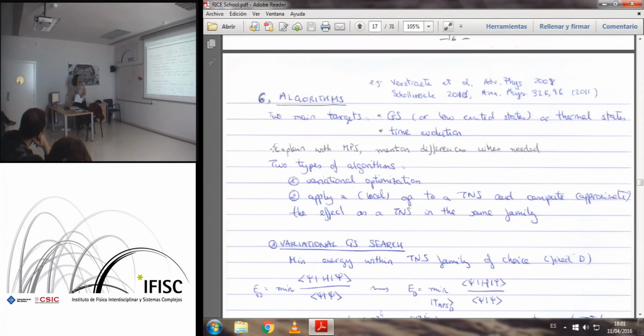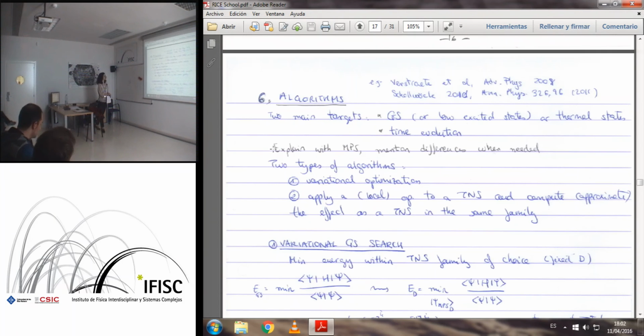The kind of algorithms we have are basically to look for equilibrium states, which can be ground states, maybe low excited states, or thermal states also. But we also have algorithms for time evolution. Time evolution has a problem that I will mention, but in principle we have algorithms to work with it. If we look at the algorithms themselves, there are basically two kinds. One is variational, so we are trying to optimize some cost function. Typically, we optimize the energy to get a ground state.